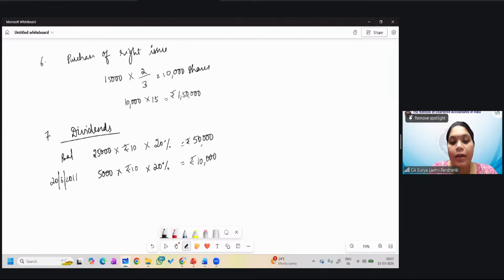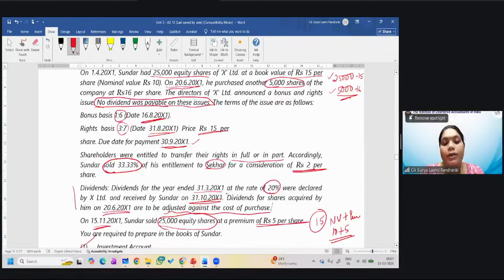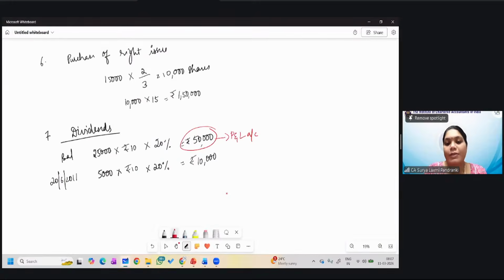Now, this 50,000 will have to go to the P&L statement. Generally, any dividend that you received will go to the P&L statement, right? This 10,000 also ideally has to go to the P&L statement. But in the question, they told that this dividend was adjusted against the cost of purchase, so this will go to your investment account.